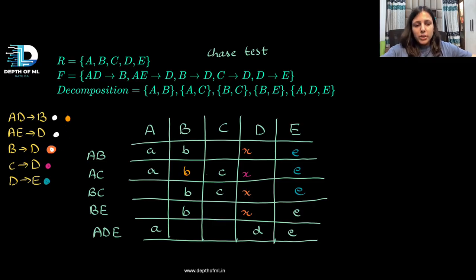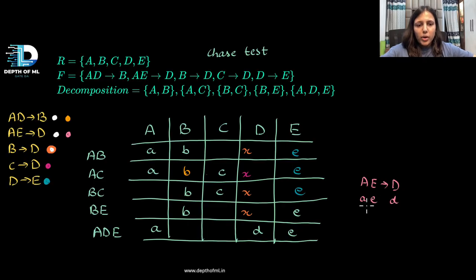Now we have to go to the other FD, which is AE determines D. So here you have the same value for AE in 3 tuples. So they should have the same value for D. But here we have placed a variable x, right? But now we can determine the value of x based on this row. So here you have AE. AE determines D. Okay, so the value here is AE D, right?